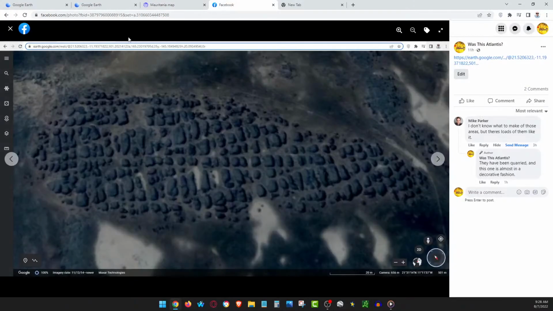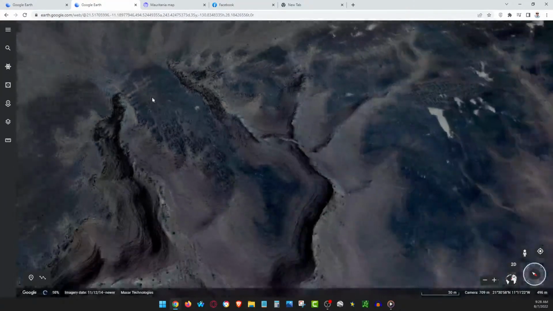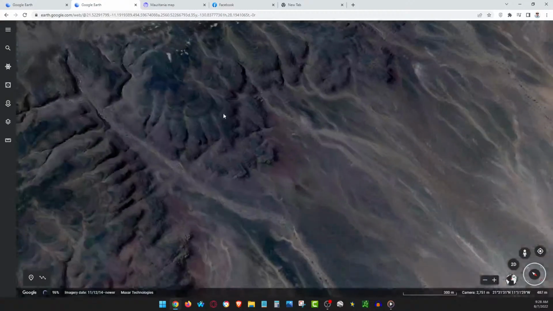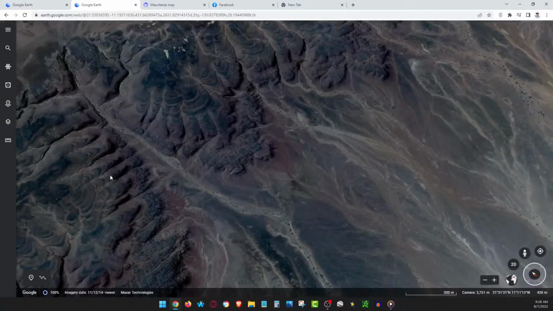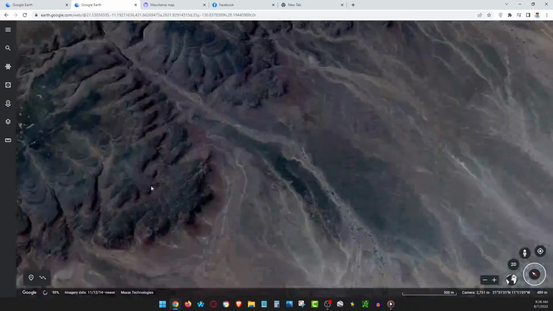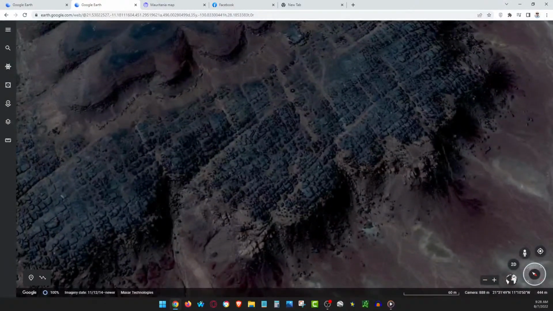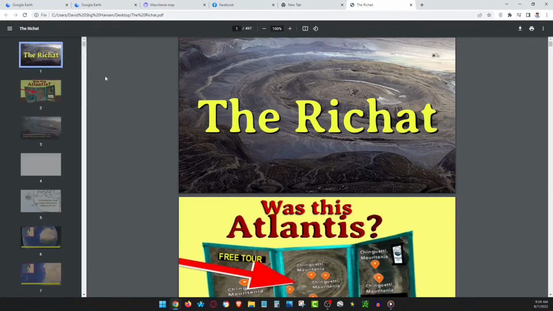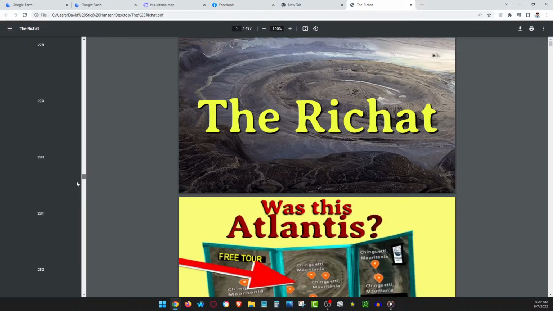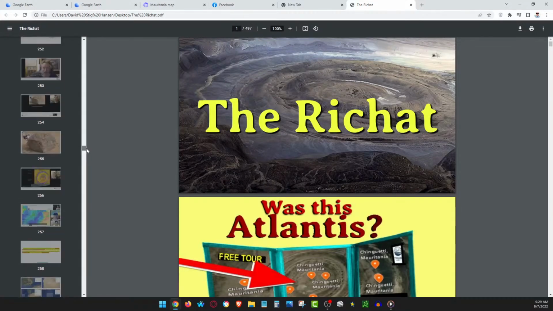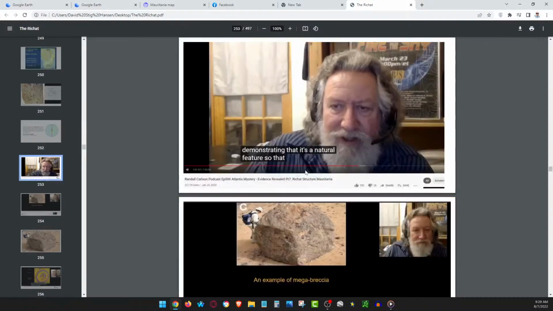Let me keep going here. I wanted to talk about other places in the Richat, and you look around here and you can see these straight lines. I used to think that was natural, but now I'm thoroughly convinced it's not natural. Randall Carlson, by the way, I showed this yesterday, but it's important enough to me to show it again. Let me show you his exact words so you don't have to go back to the original video.